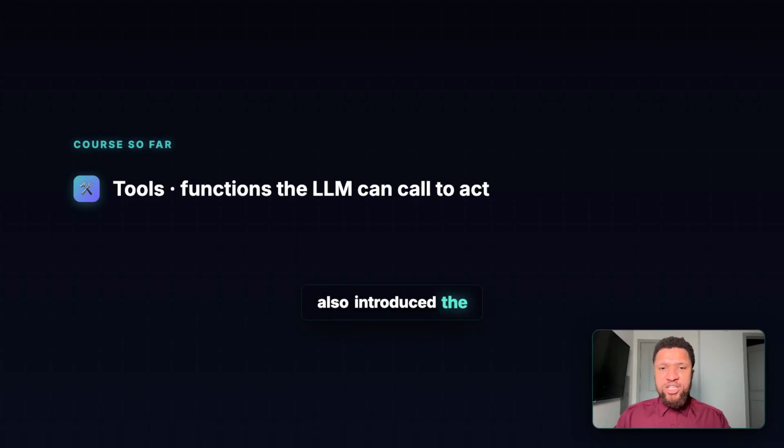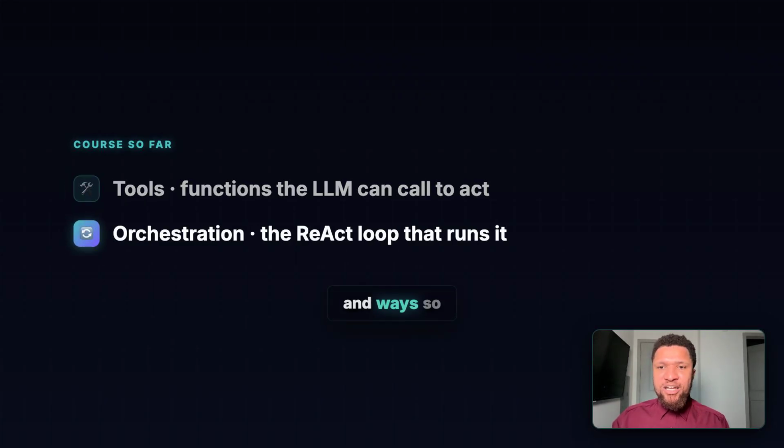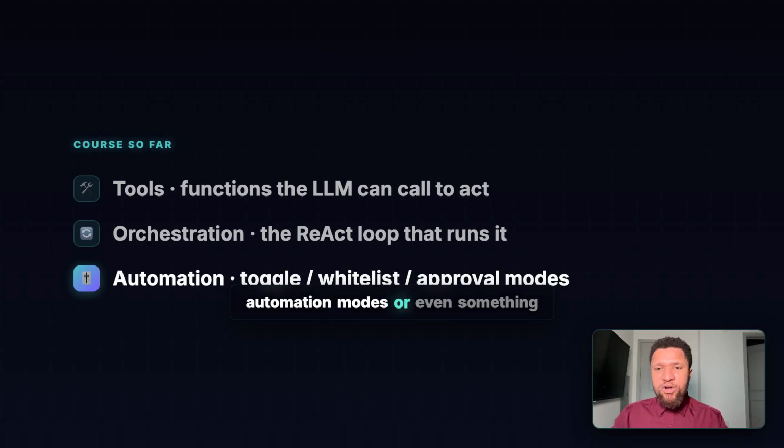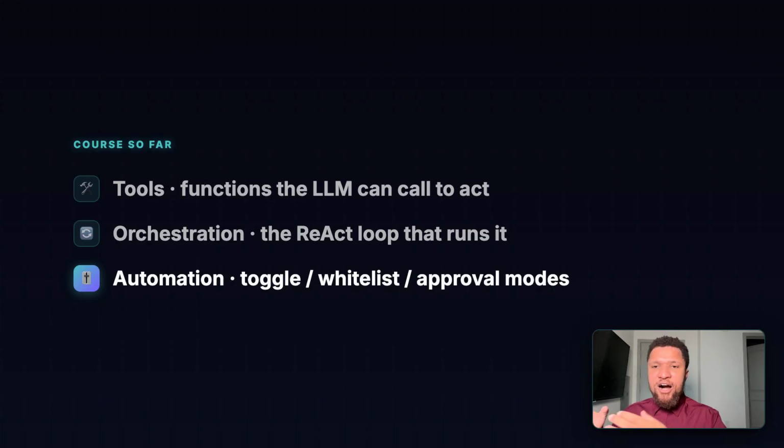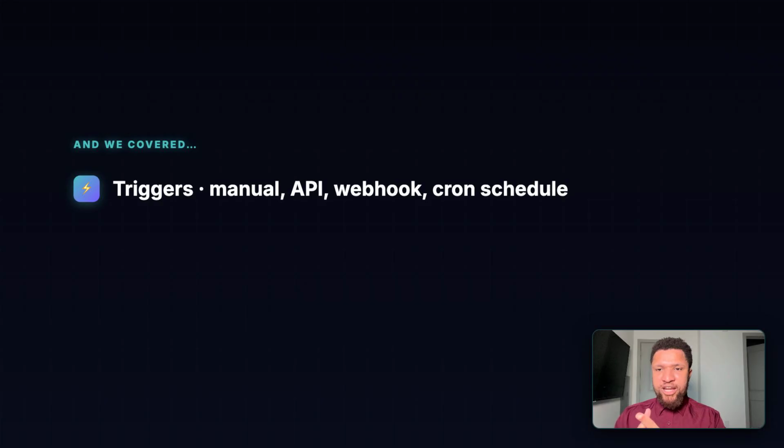We also introduced the orchestration loop and ways so the agent can execute things automatically or with user approval. This includes a toggle switching to automation modes or even something like a whitelist of approved tools. Finally, we talked about how do you start or trigger an AI agent, whether that's a manual start, via API call, via webhook, or a scheduled job.